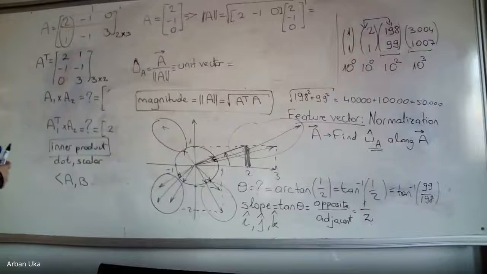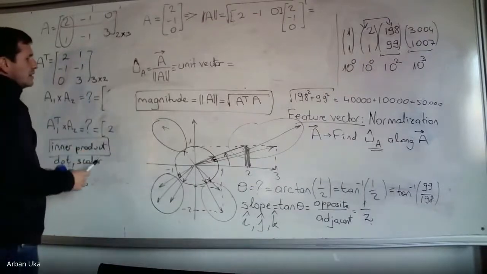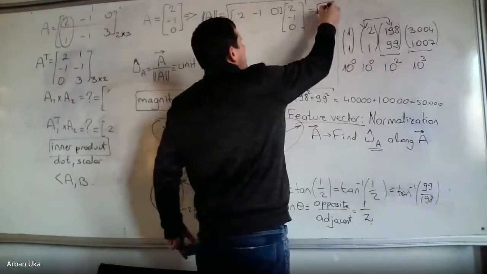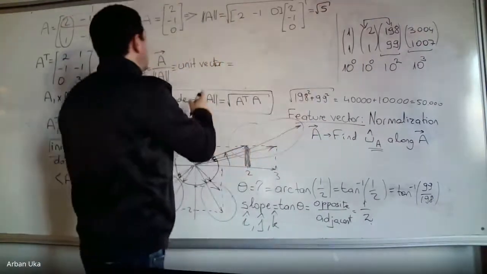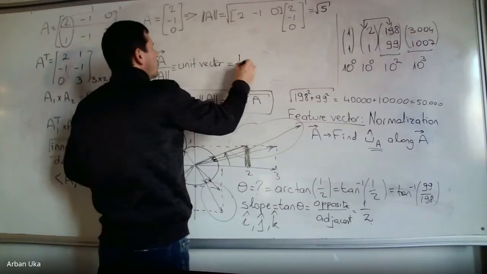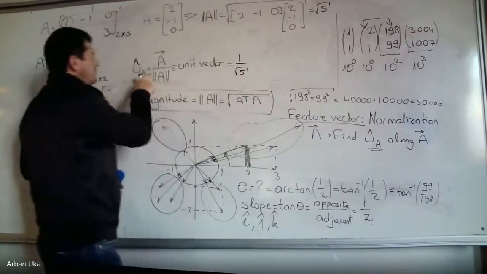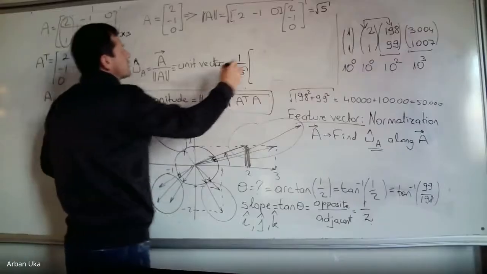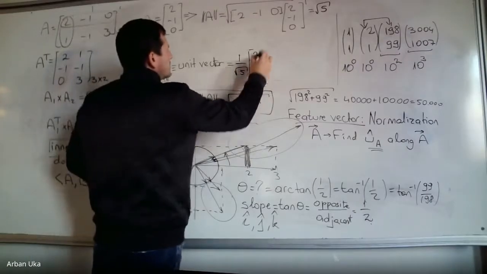Okay. So let's not forget this. This is going to be equal to the square root of 5. And here, we can say that this is 1 over the square root of 5, 1 over the magnitude, times the vector 2, minus 1, 0.